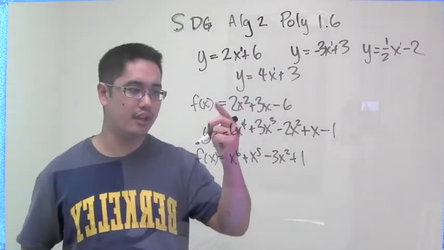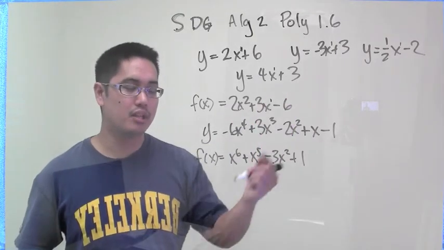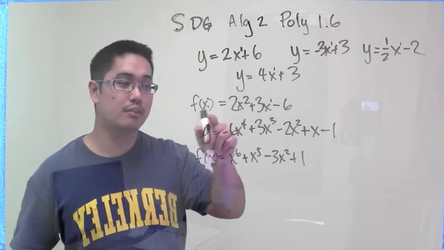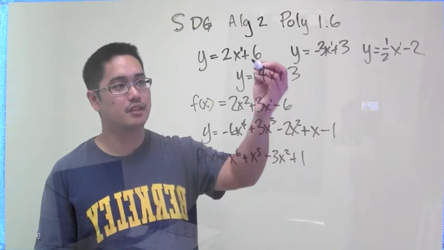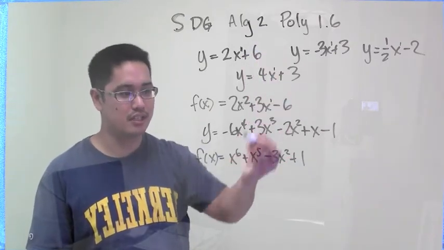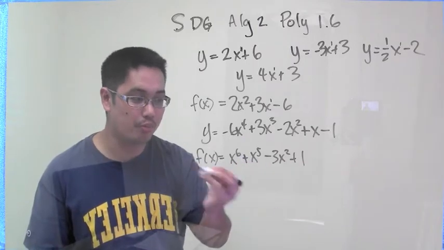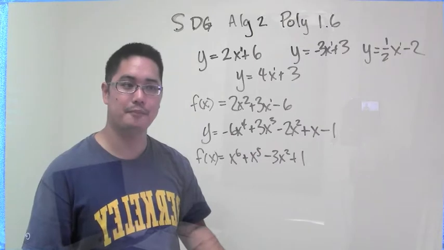Now over here you have an x squared and an x to the 1st power term, but the highest of the exponents is the 2. So we call this a polynomial of the 2nd degree. This is to the 1st degree, this is to the 2nd degree. This would be x to the 6th degree, so this whole polynomial is known as a 6th degree polynomial.